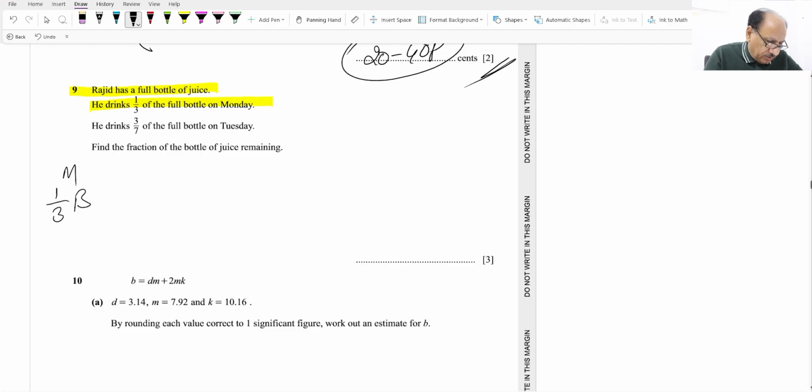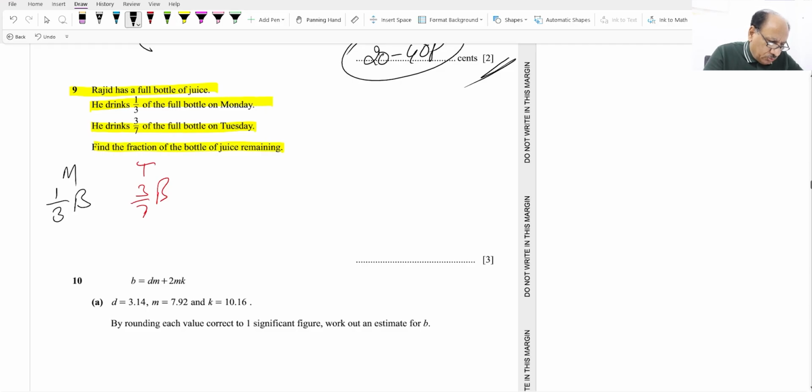So the full bottle I will write as B. So 1/3 of B drunk on Monday. He drinks 3/7 of the full bottle on Tuesday. So Tuesday is 3/7 of the full bottle, and find the fraction of the bottle of juice remaining.